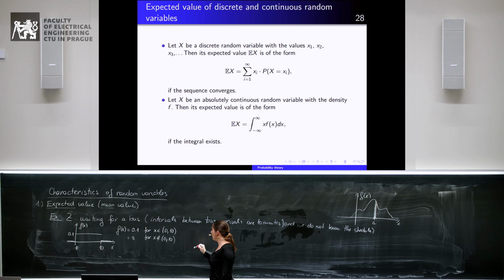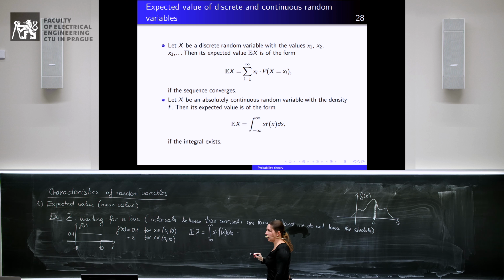Then the expected value of Z is calculated as the integral from minus infinity to plus infinity of the function x times the density function dx. And in our case, it is the sum of three integrals.